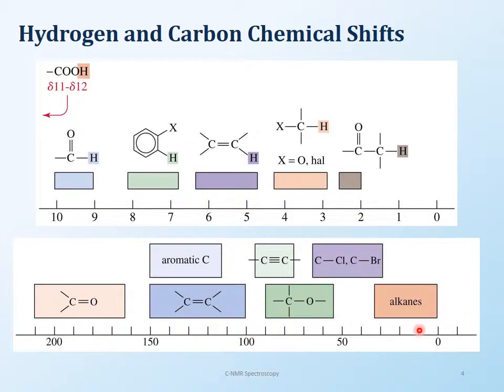All the alkane carbons will come very much upfield, just like in the case of hydrogens. The carbonyl carbons are going to be the most downfield shifted, found around 200. In proton NMR, you will find the carbonyls also downfield shifted, like the aldehydes and the acidic protons. So there are some patterns here.